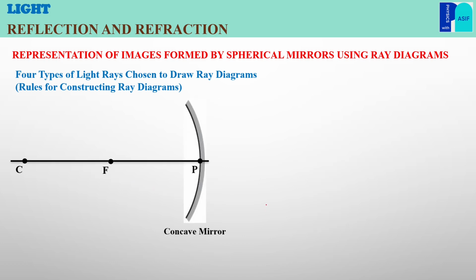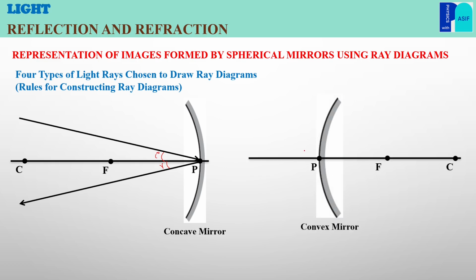Next one, the fourth ray: a light ray incident obliquely at the pole of a concave mirror reflects in such a way that the angle of reflection is equal to the angle of incidence, because it follows the laws of reflection. In the case of a convex mirror, if the light ray is incident at the pole, it reflects such that the angle of incidence is equal to the angle of reflection.